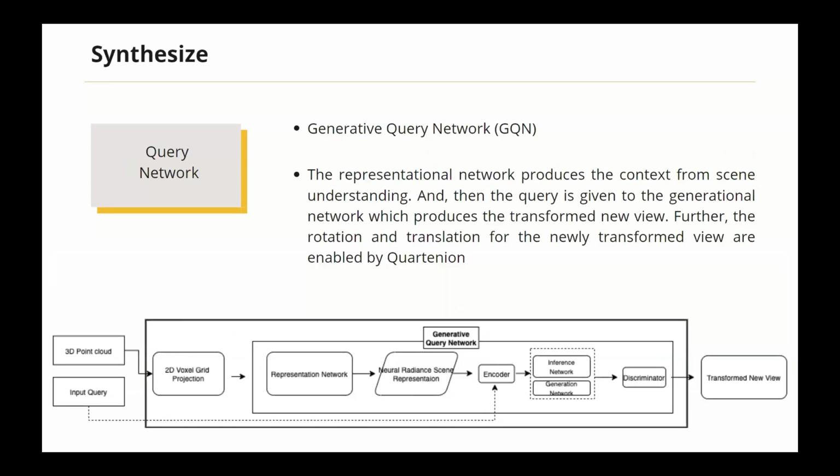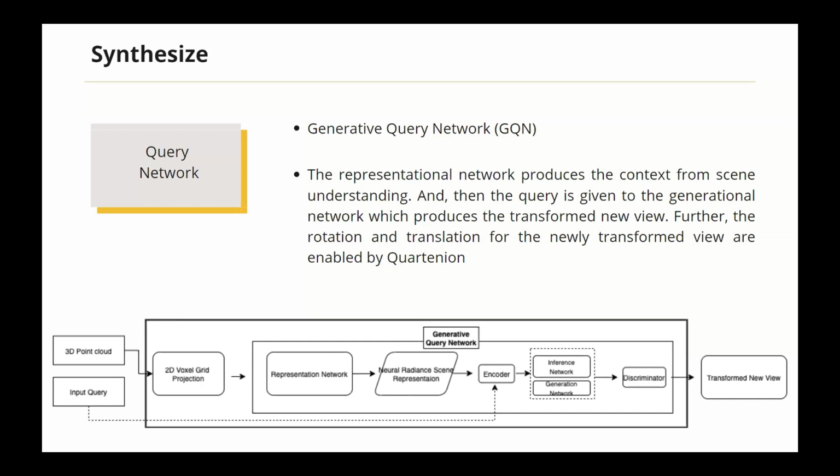And now we get into our query network. This is where we are given our query, and based on the query, the transformation happens. We make use of GQN. Now this 3D image is mapped into a new viewpoint with the help of the transformation. Here GQN has both a generation network and a representation network.